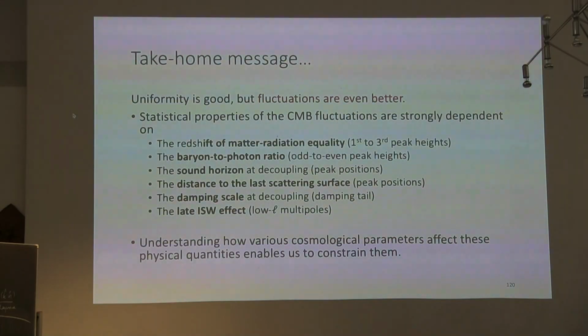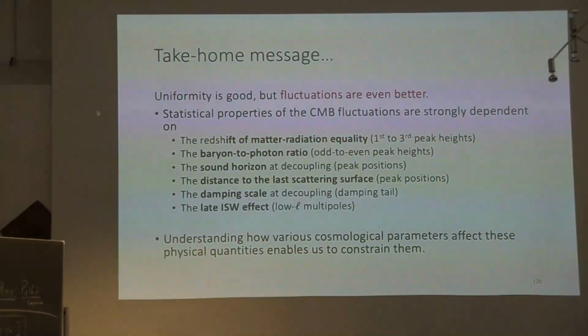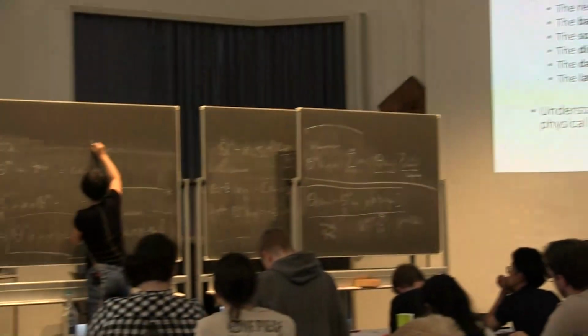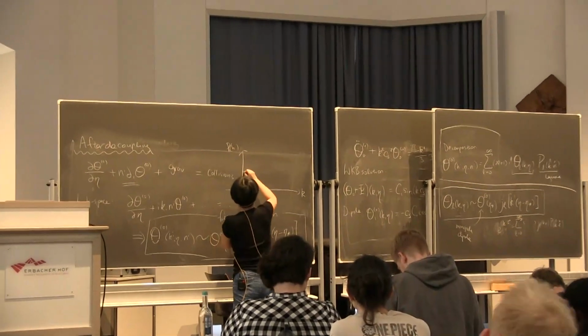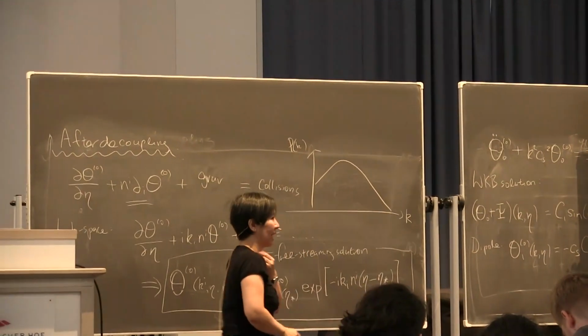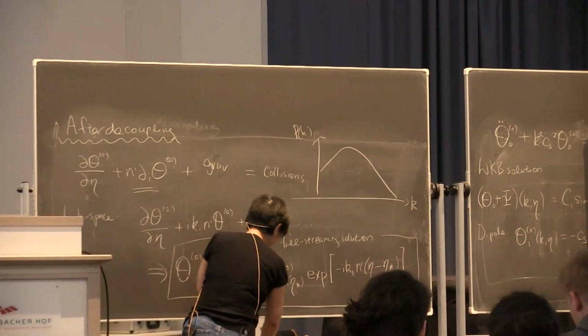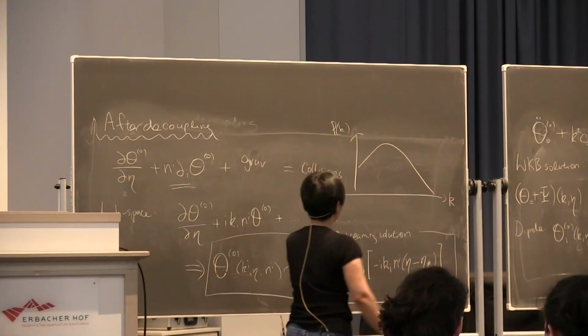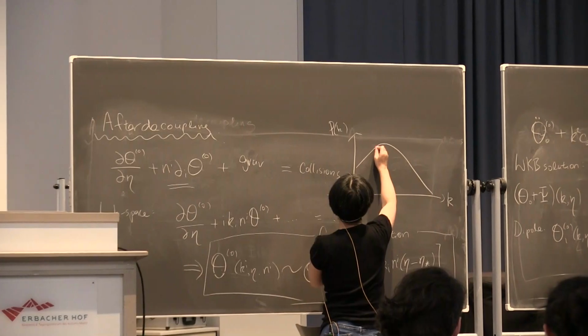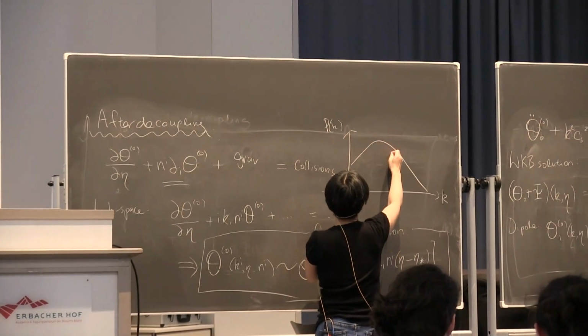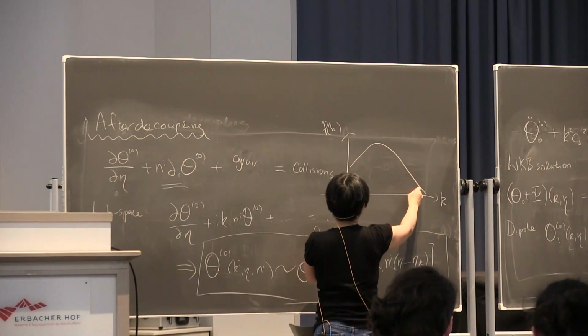Okay, so you can see in the CMB, the main signature is going back to the power spectrum, right? So this is k, this is P of k, and the power spectrum looks like this. If I put some massive neutrinos in, what happens is that you will have more or less the same power spectrum over here, but then at some point, it will drop off a little bit.